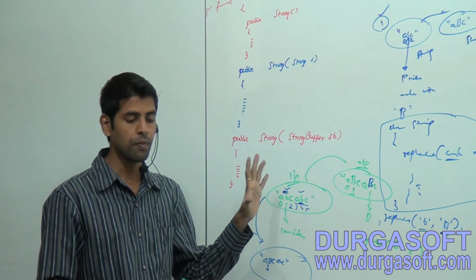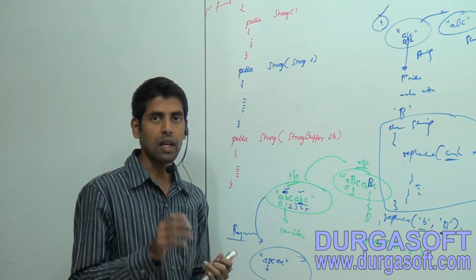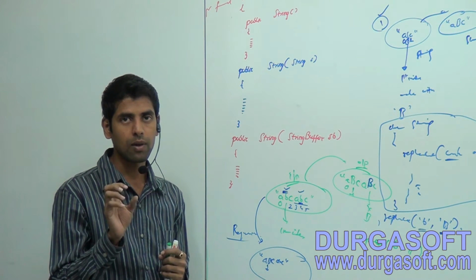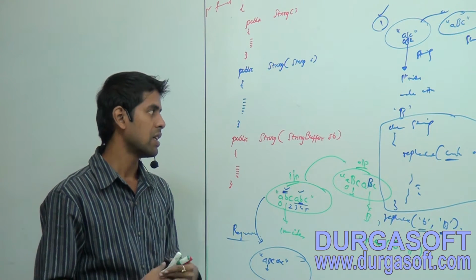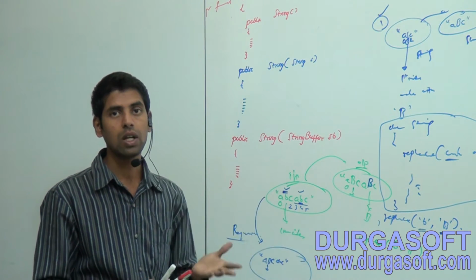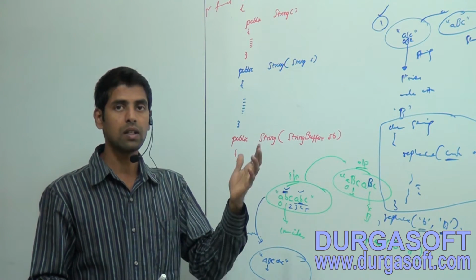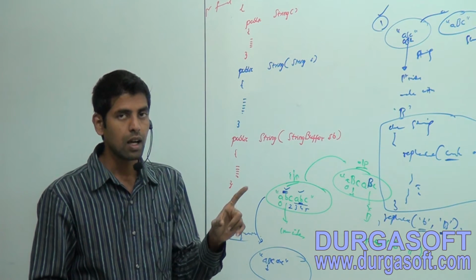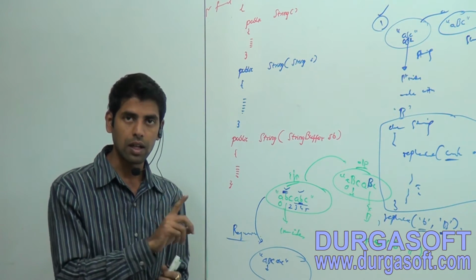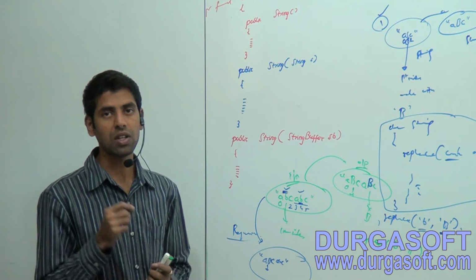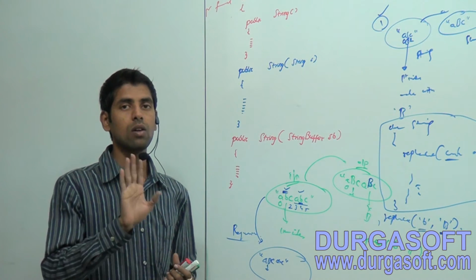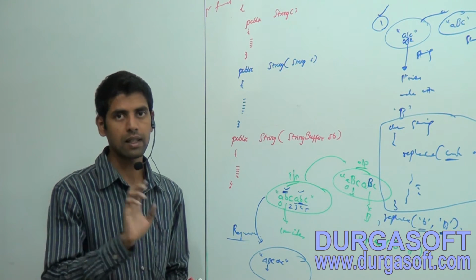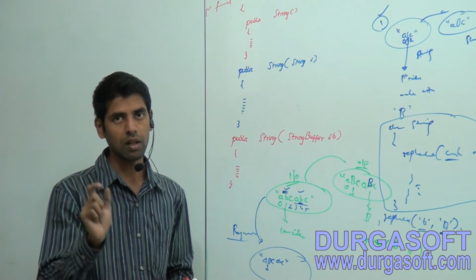String buffer. If you go to any MNCs where there will be only algorithm or coding rounds, at that time these string class and string buffers only will help us grade. Concentrate much on this string buffer, string class methods, and also try to write your own implementations for every method. Not for all the methods. For few methods you can write your own implementation.